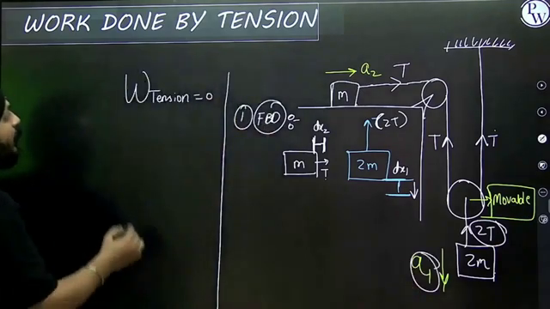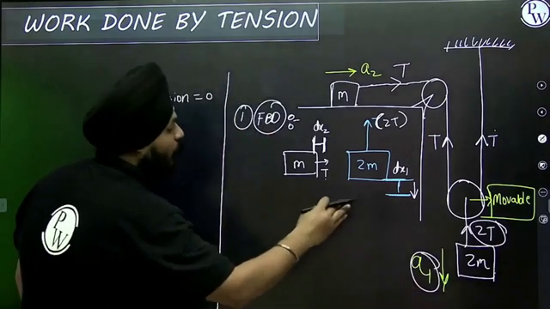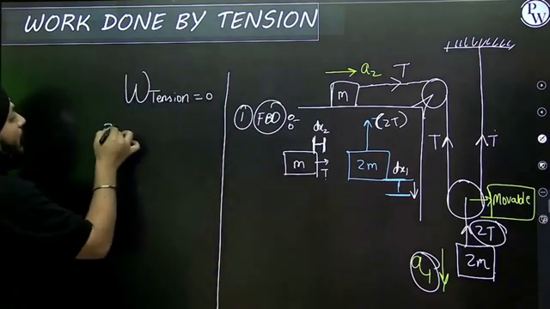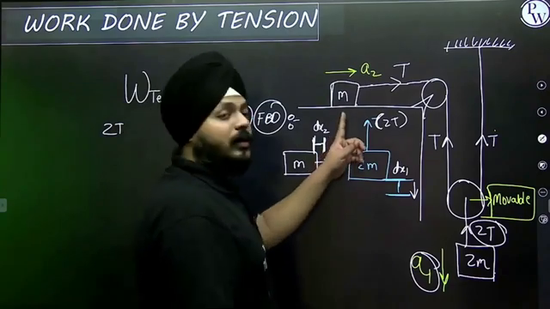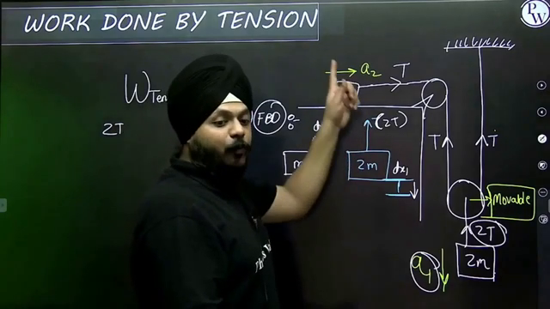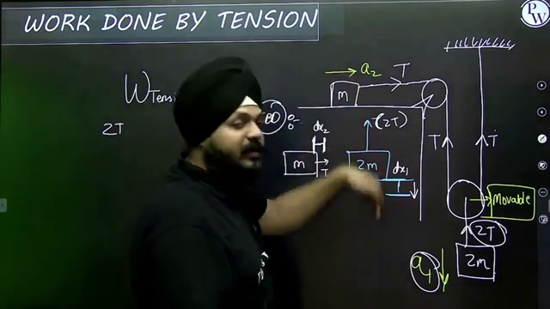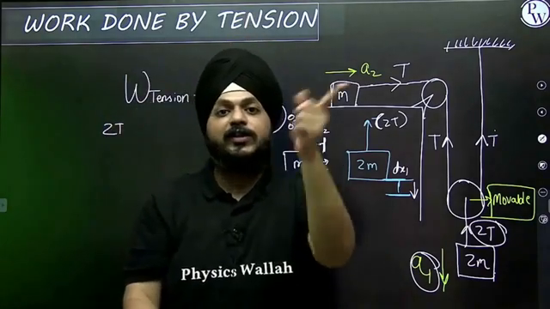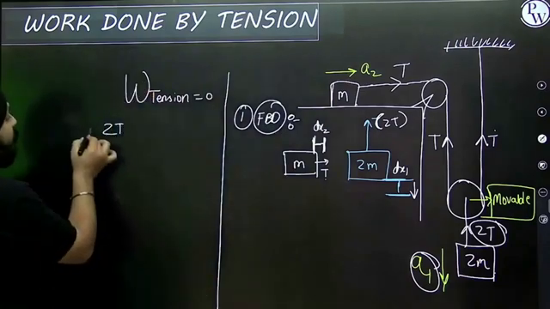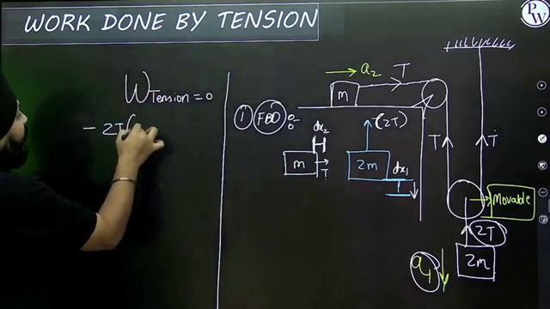A1. The force 2T is acting in upward direction, displacement is in downward direction. Force and displacement are in opposite directions, so the work done will be negative. So this will be negative of 2T into displacement dx1.